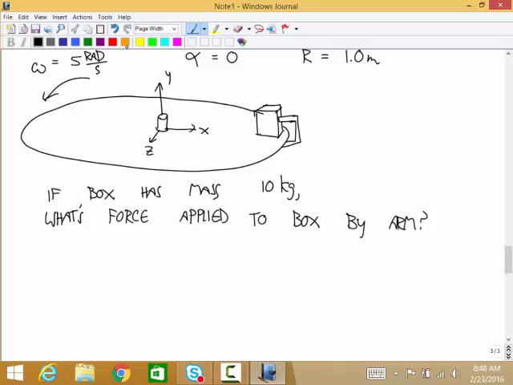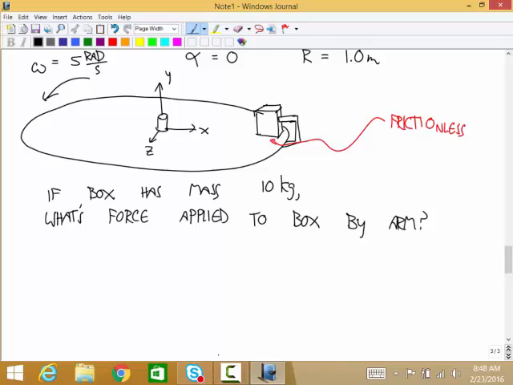And we're going to treat this like it's frictionless. So this carousel's made out of ice or something. All right, so why don't you take a few minutes and try to work through that one.